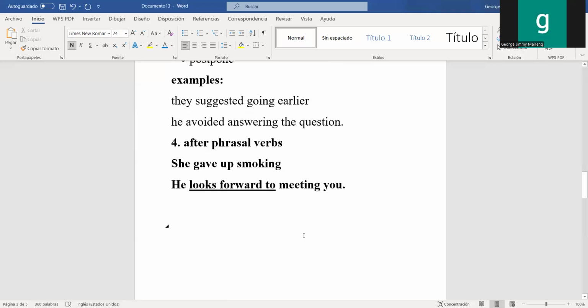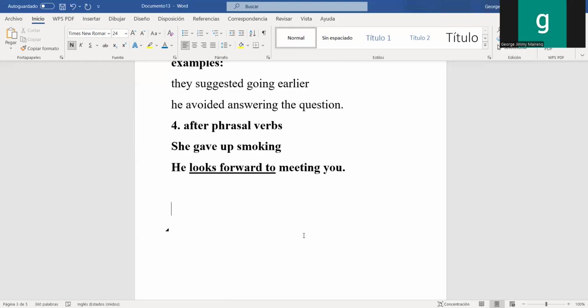Okay, good. Now we're gonna see the infinitives, the rules that we can use for infinitives. Okay, the main usage. The first one, we can say that we have to use infinitive after some specific verbs.